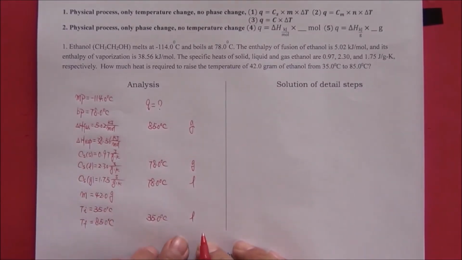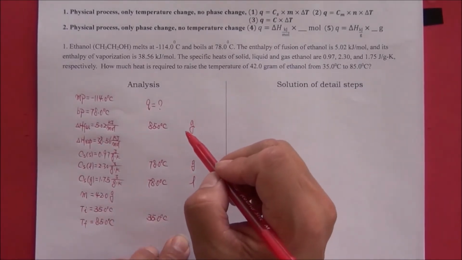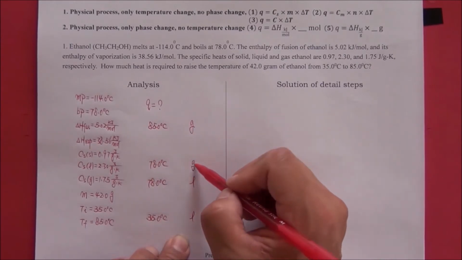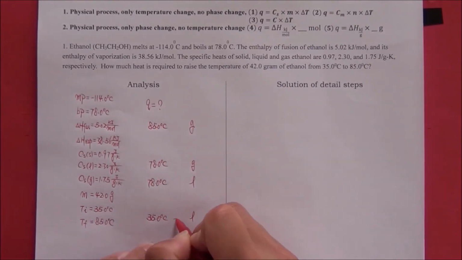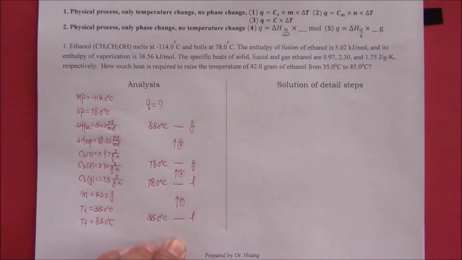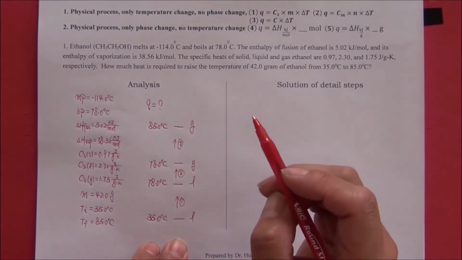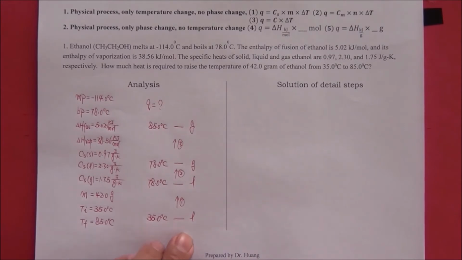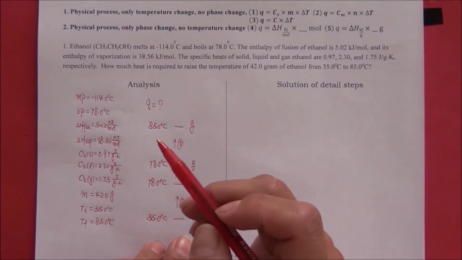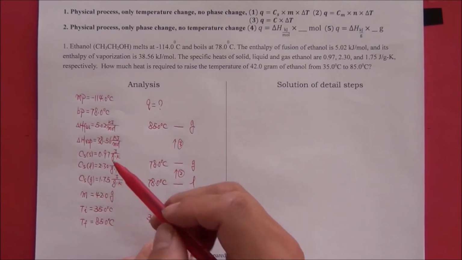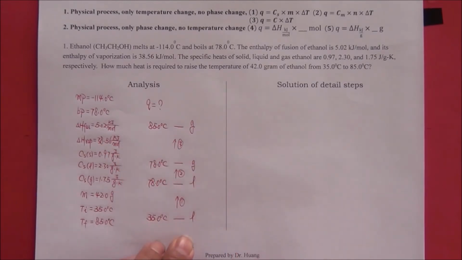Then, for step 3, we can have only temperature change, but no phase change. Now we have successfully broken down the process into 3 separate steps. What I'm going to do next is to find appropriate numbers with unit for each step.